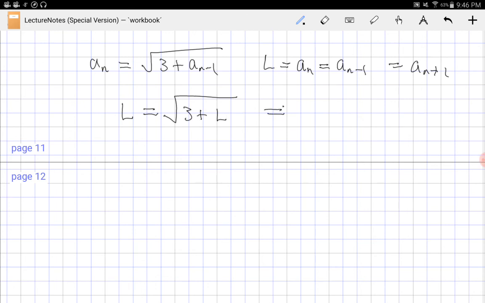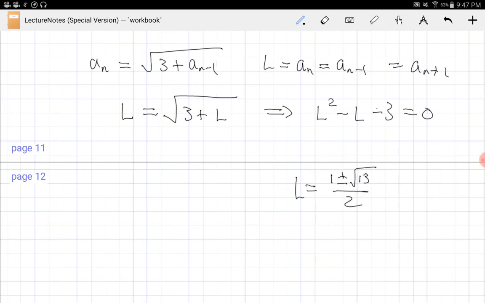From here we can solve for L by rearranging. So we get L squared minus L minus 3 equals 0, and we find that L equals (1 plus or minus the square root of 13) over 2.